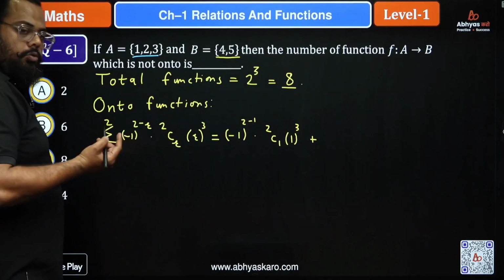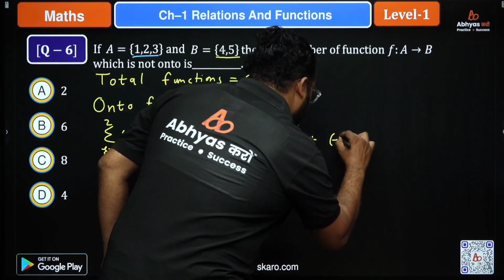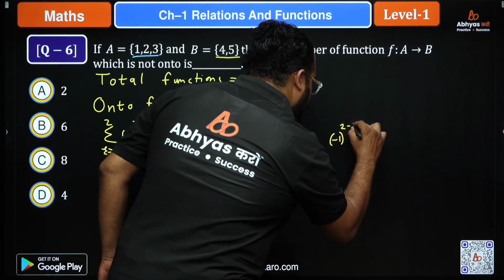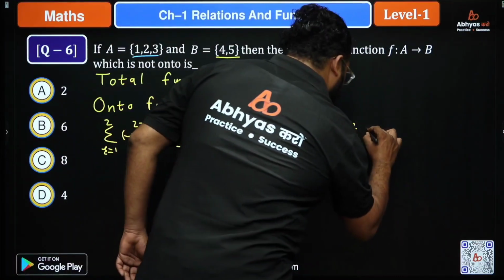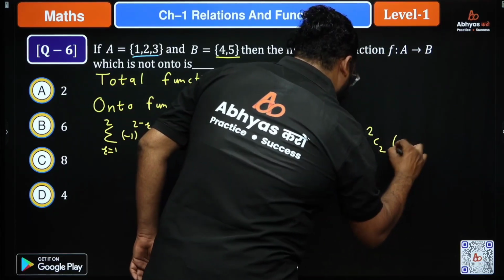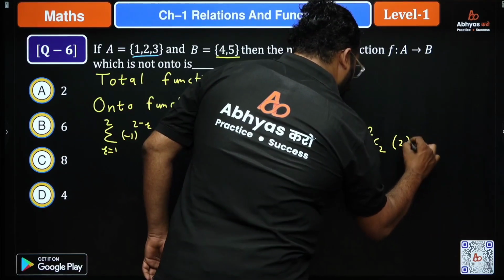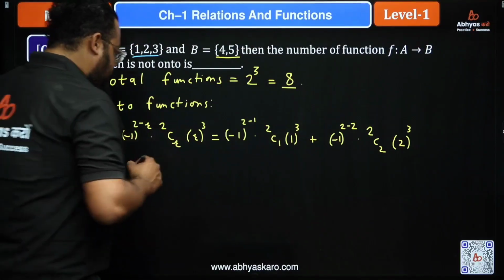Second term सीधा 2 है, हमारे पास 2 ही terms आएंगे इसमें, so it will be (-1) whole raised to 2 minus 2 multiplied by 2C2 multiplied by 2 cube. Correct?